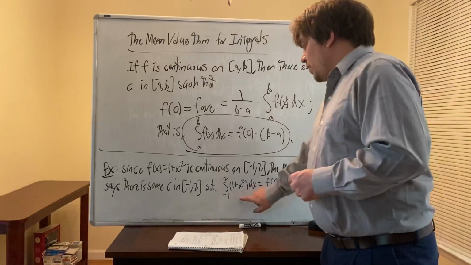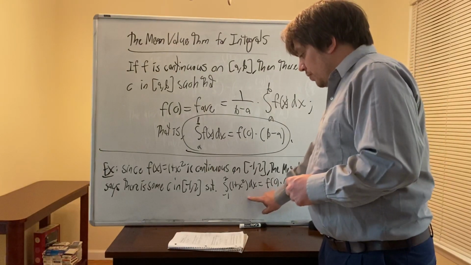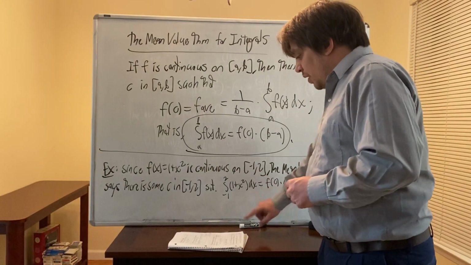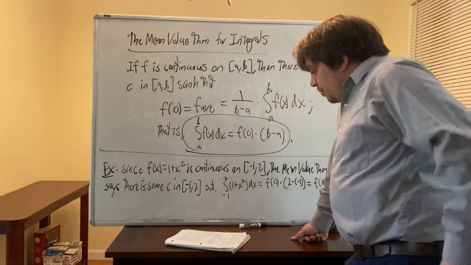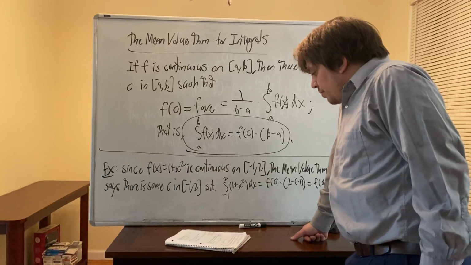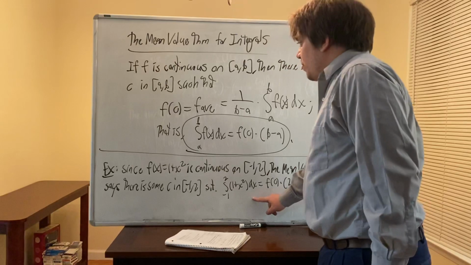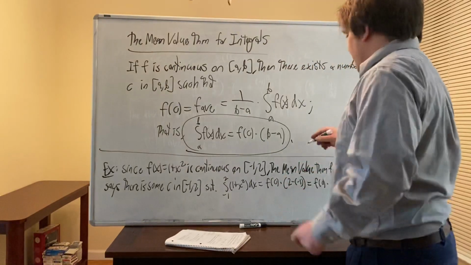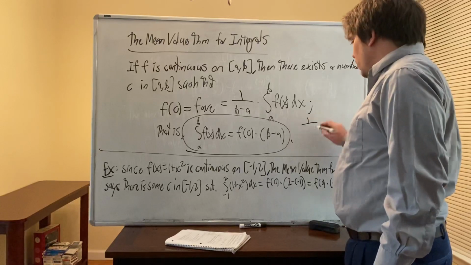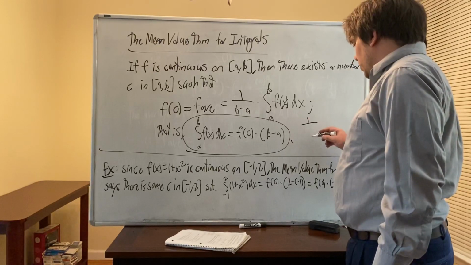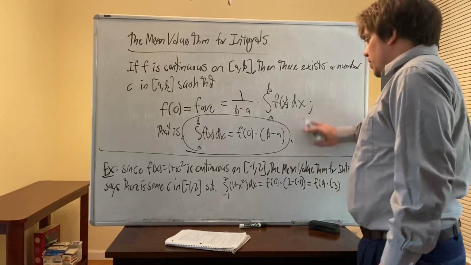Well, we calculated this definite integral already, and we got that the f average was 2 in that last example.